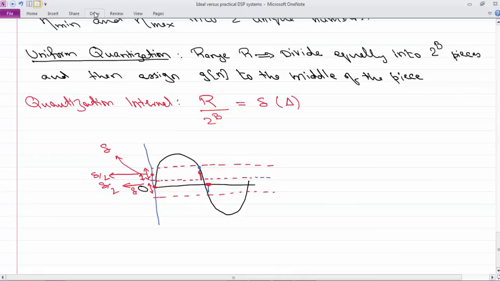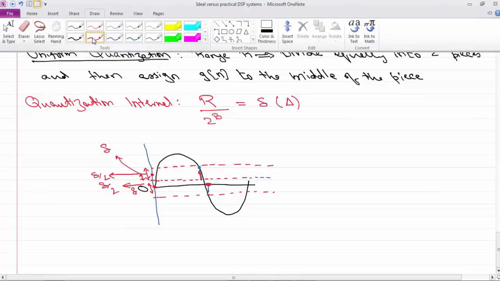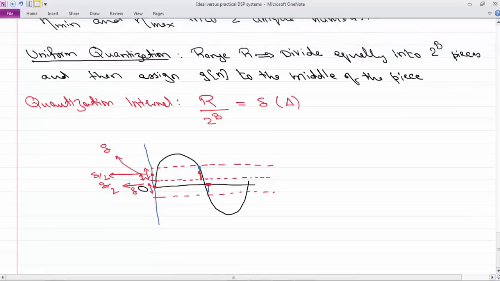Again, let's do the example with 4 levels, which means that you have a 2-bit ADC. So for the third level, let's assume that this is the next level.